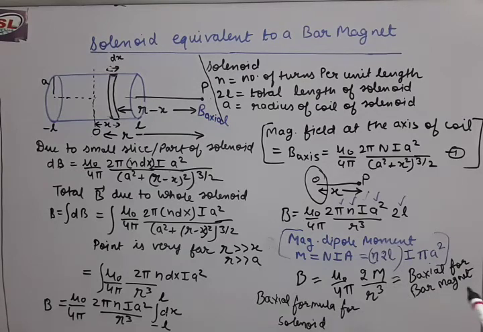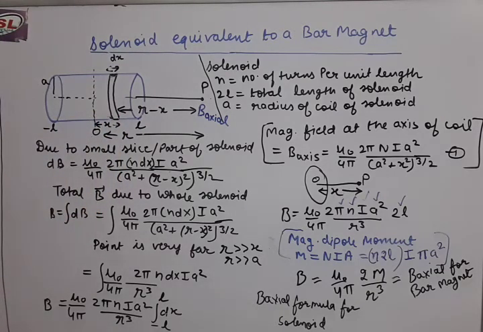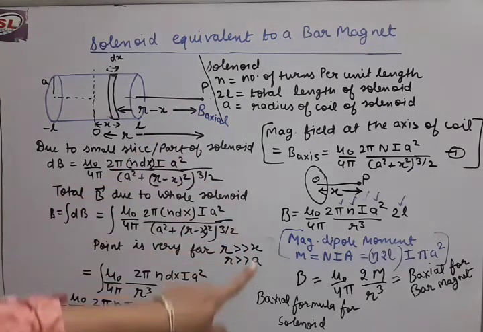Since both the formulas are matching, this solenoid is equivalent to a bar magnet. So if in the exam it comes that prove that a solenoid is equivalent to a bar magnet, and it is a more-mark question, 3 or 5 marks, then you have to write all this derivation.